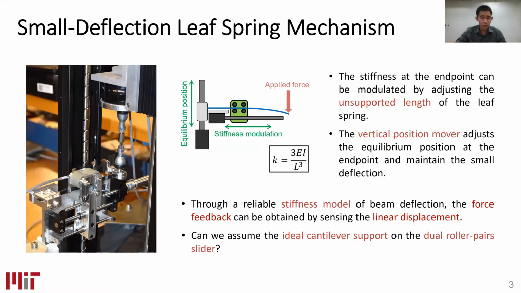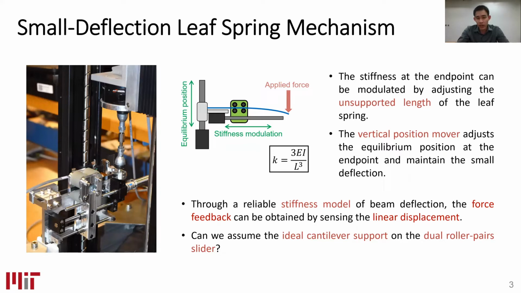For today's concept, the small deflection leaf spring mechanism: if you see in the schematic, we have the stiffness modulation module that moves to the left and to the right to adjust the unsupported length of the spring, which affects the stiffness at the endpoint.